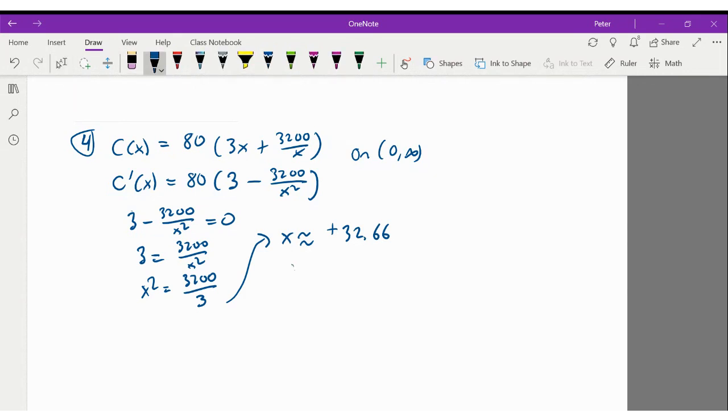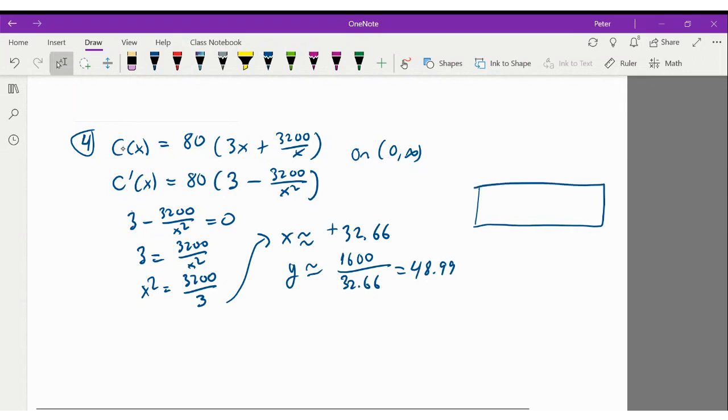And y is equal to 1600 over 32.66, which equals 48.99. So the pen that we want to build is going to be 32.66 feet by 48.99 feet.